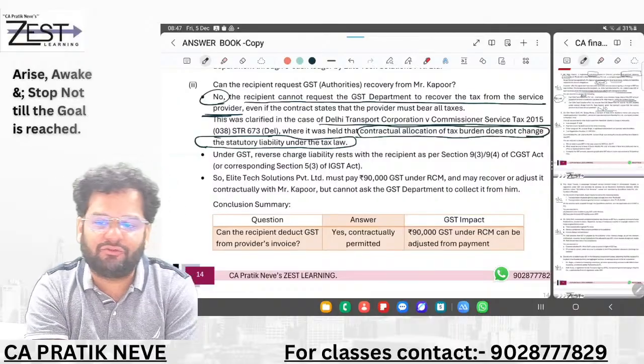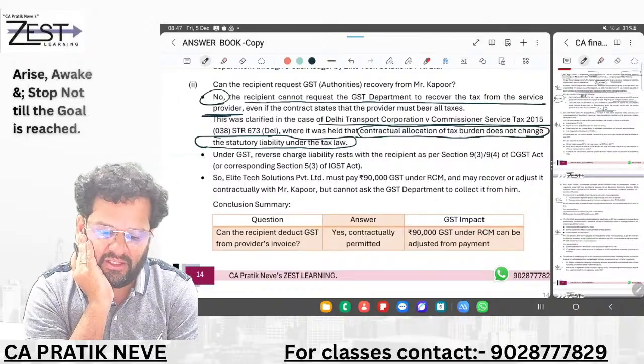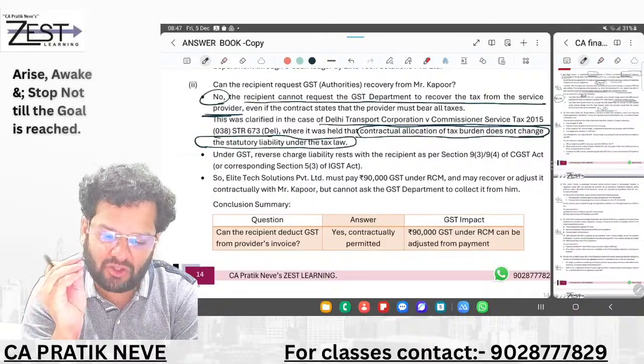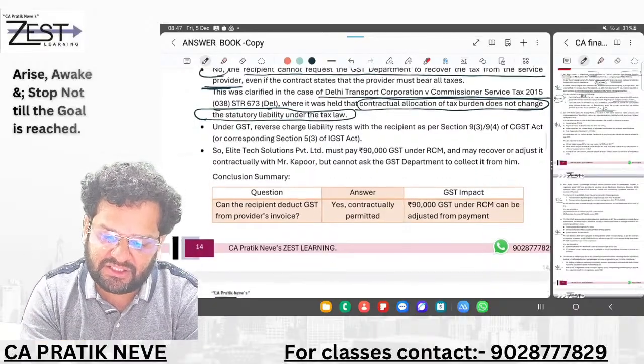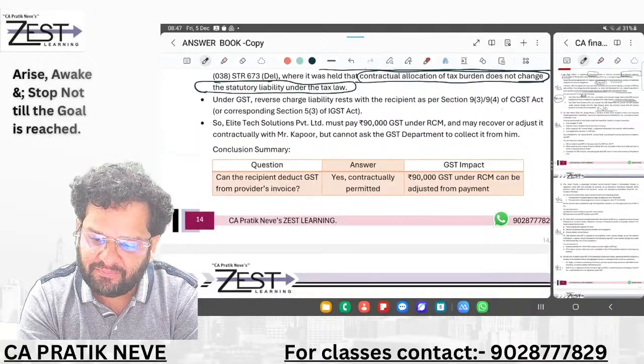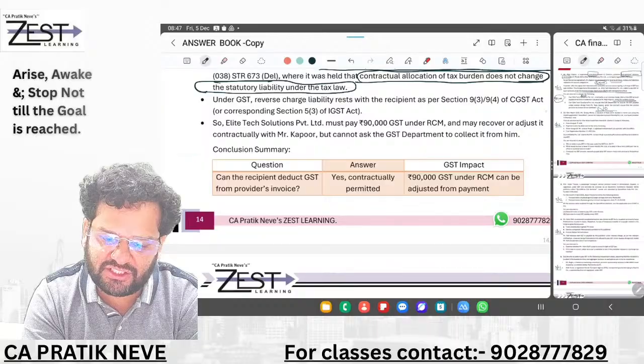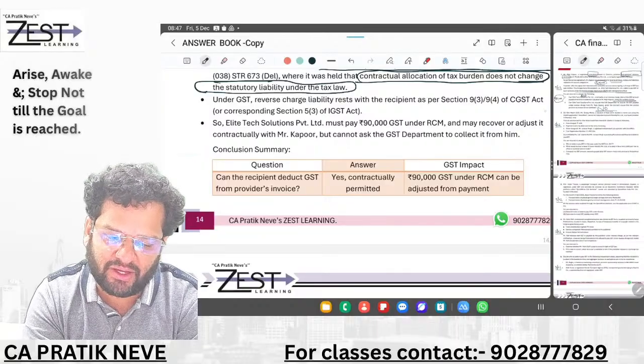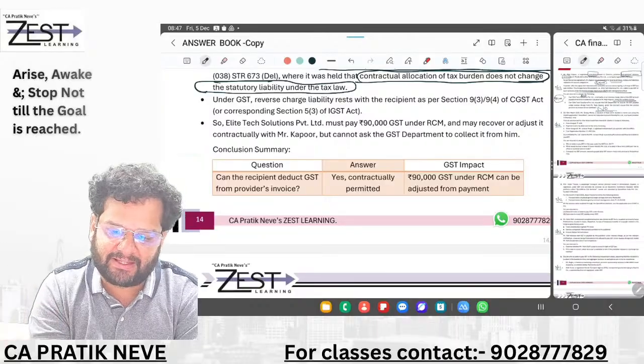So what have you decided? The main point is how GST law applies. Under GST, reverse charge liability rests with the recipient as per Section 9(3)/9(4) of the CGST Act or the corresponding Section 5 of the IGST Act.